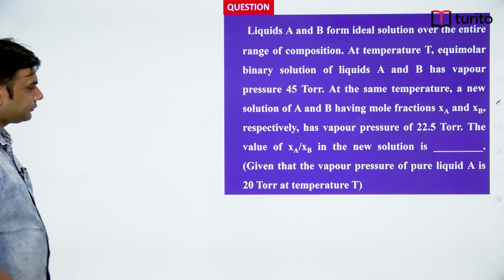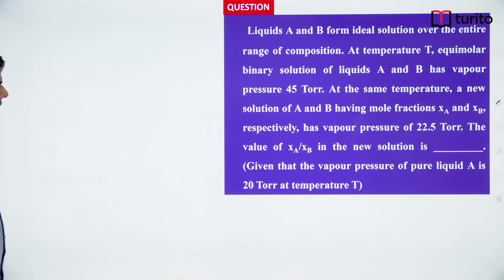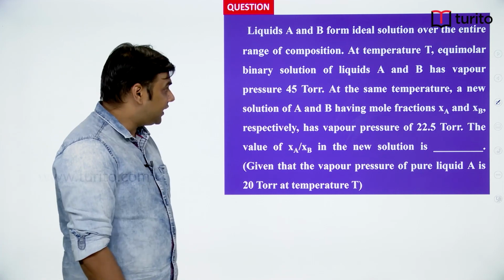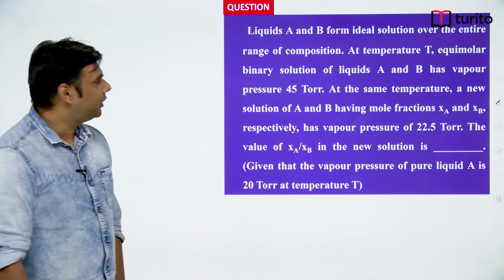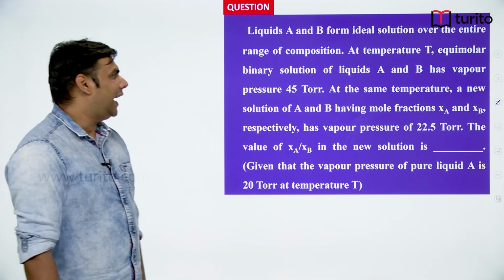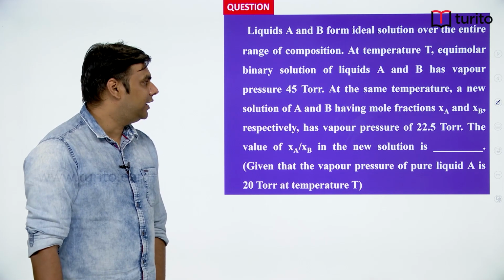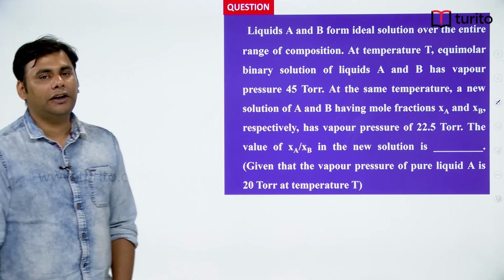Okay, so this is again a question, just read it. This says that there are two liquids A and B and they form a nearly ideal solution over the entire range of composition. At temperature T, equimolar binary solution of liquids A and B has a vapour pressure of 45 torr.